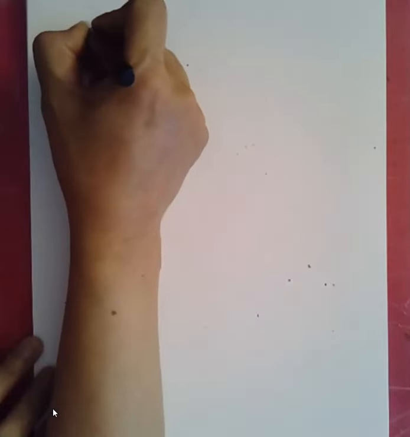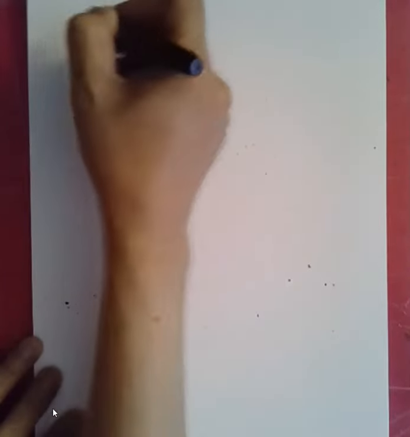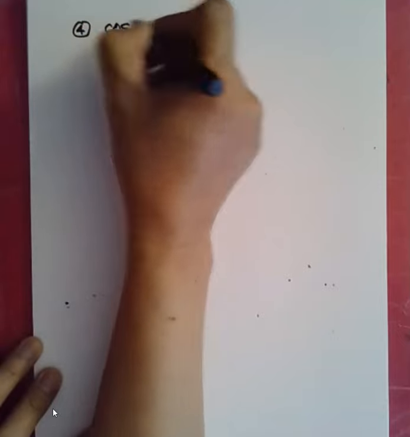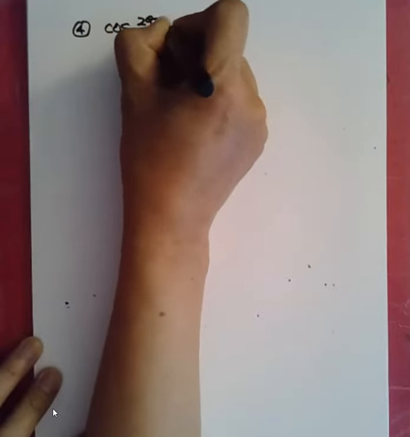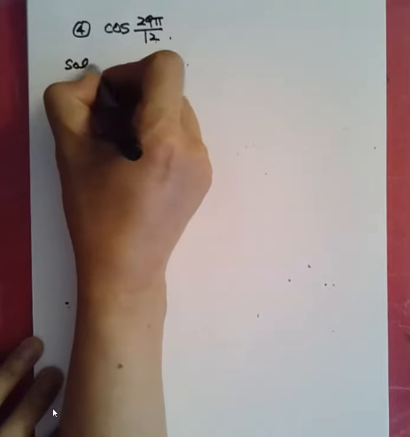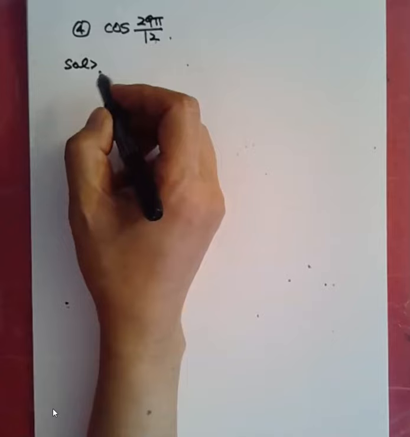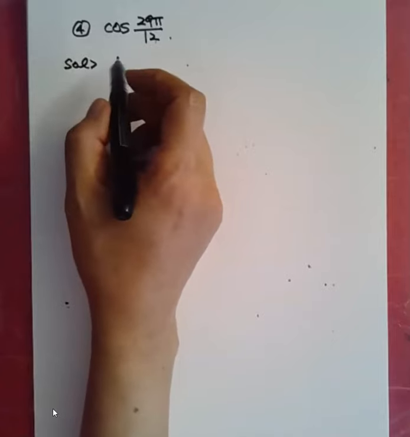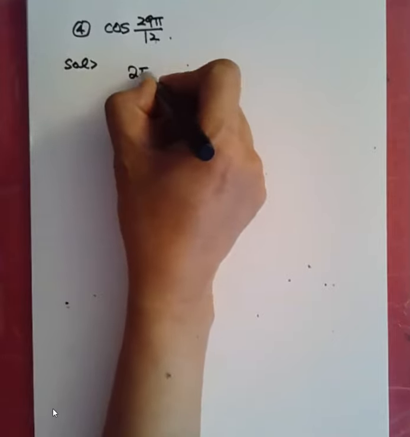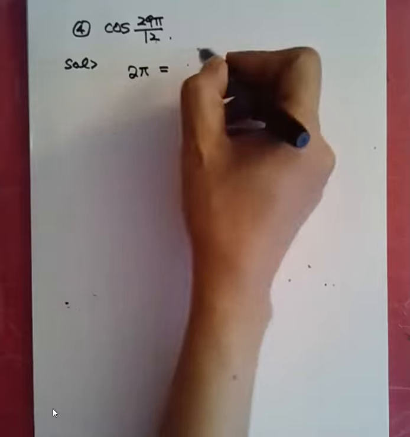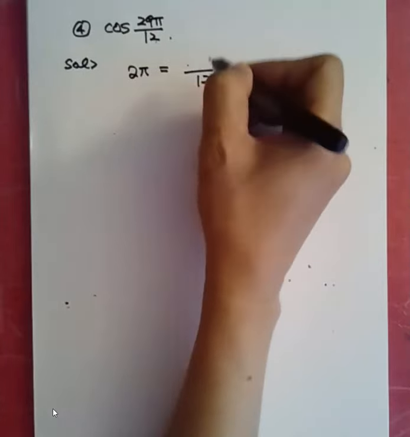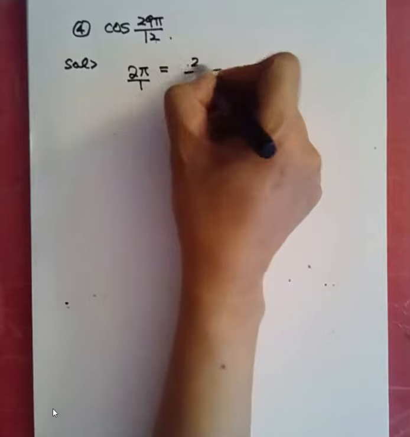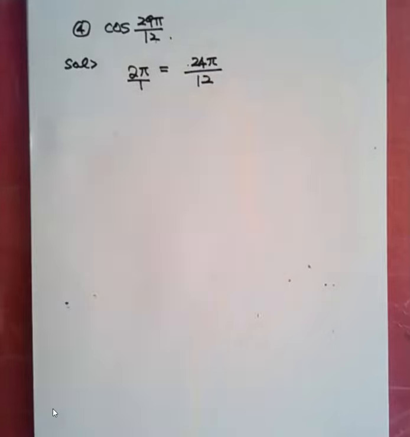Let's do the next example. The next example is cosine of 29 pi over 12. Again, the denominator is 12, and 29 pi over 12 is pretty large. And we already know that 2 pi with denominator 12 is 24 pi over 12.